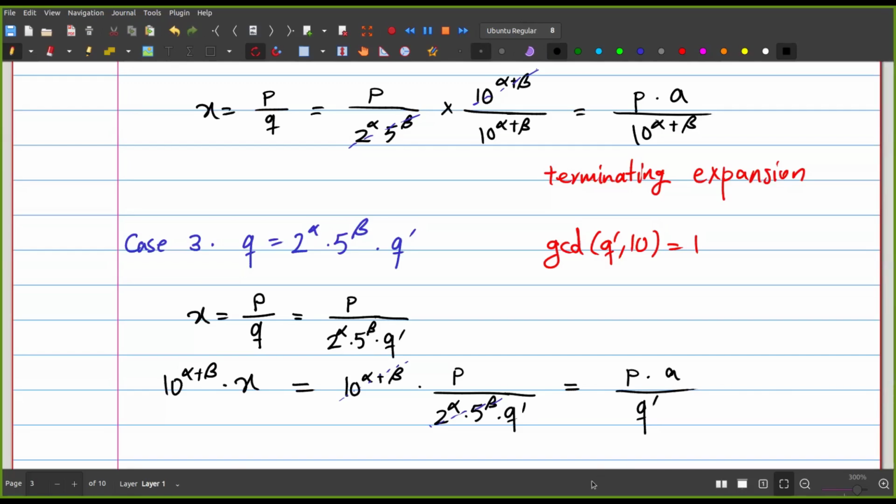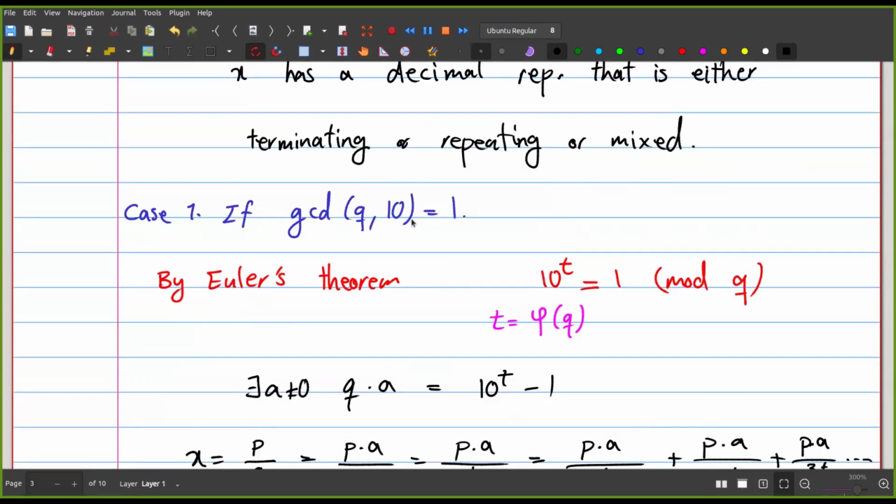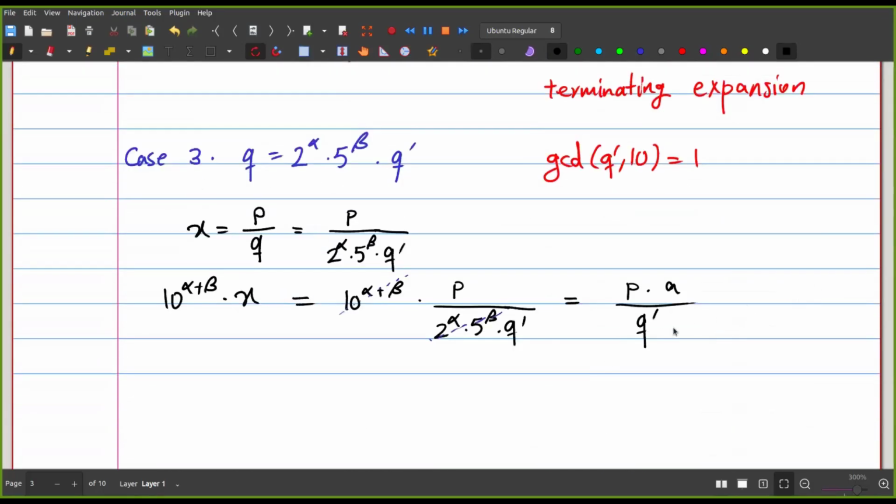But this is great because look, GCD of Q prime and 10 is 1. I got a fraction that has Q prime as its denominator. So I'm back to case 1, and I know that I have a repeating expansion. So this thing, 10 to the power of alpha plus beta times X, has a repeating expansion.